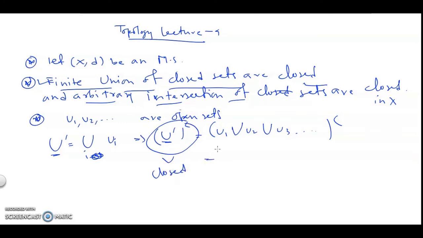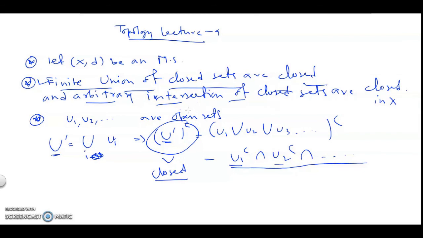Using De Morgan's law and opening the bracket, that is U1 complement intersection U2 complement intersection ..., arbitrary. All are closed because all Ui's are open, so Ui complements are closed. So arbitrary intersection of closed sets is closed in X, hence we proved the second result.